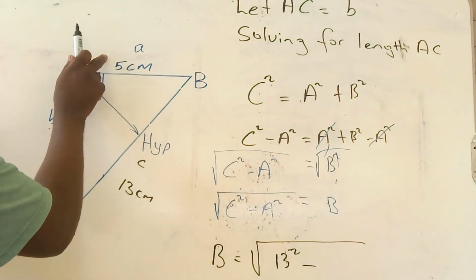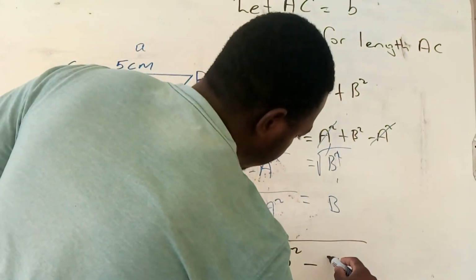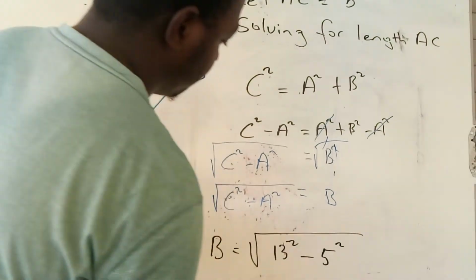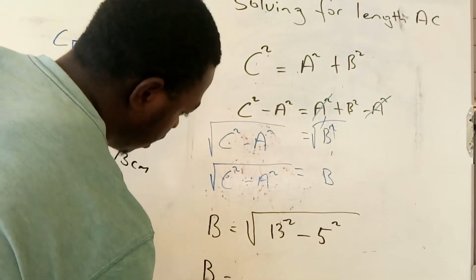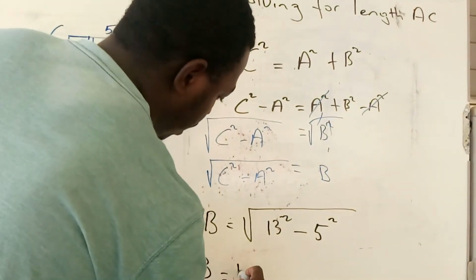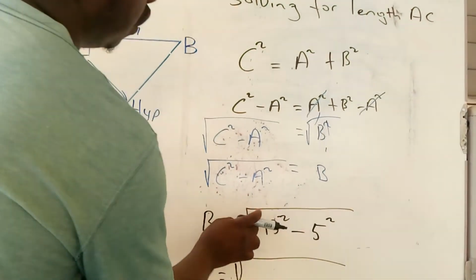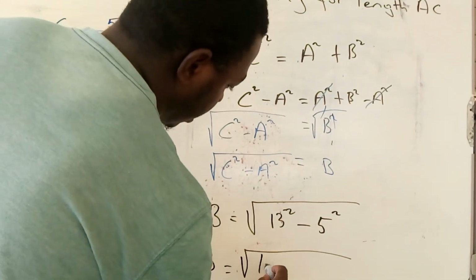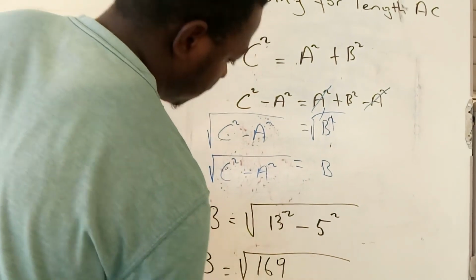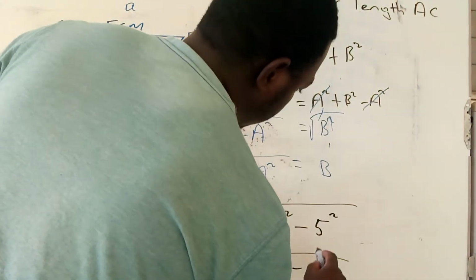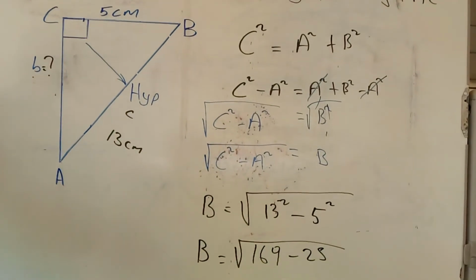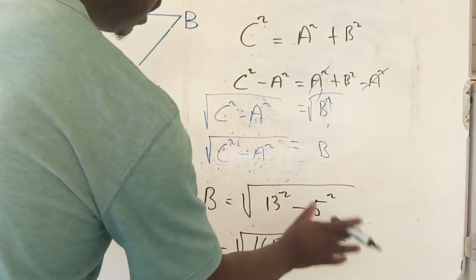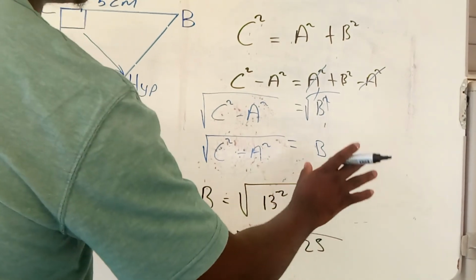What is A here? A is 5, so this is 5 squared. Now B is equal to the square root of 13 squared, which is 169, minus 5 squared, which is 25. Clear there? Now you need to solve what's underneath the square root sign before you root.